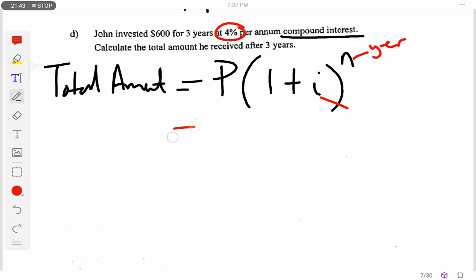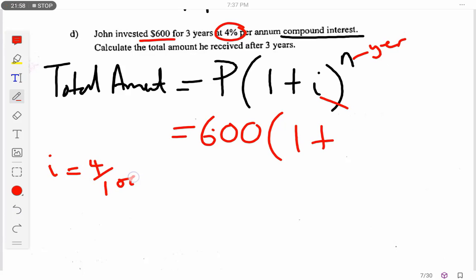So substituting, we get our P is 600, 1 plus our I is 4 over 100, so I can simply divide 4 over 100. I is equal to 4 over 100, which is equal to 0.04. So we can just write 0.04 here to the power of 3 years there.